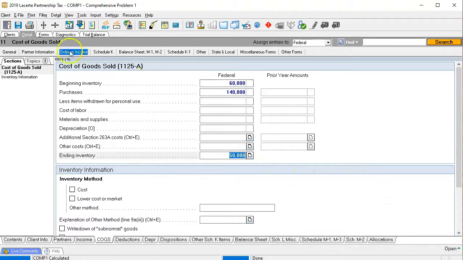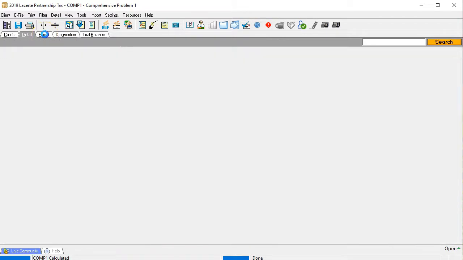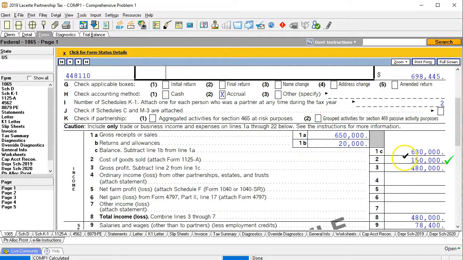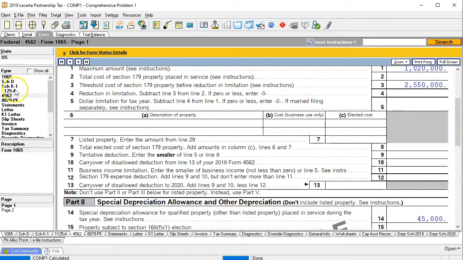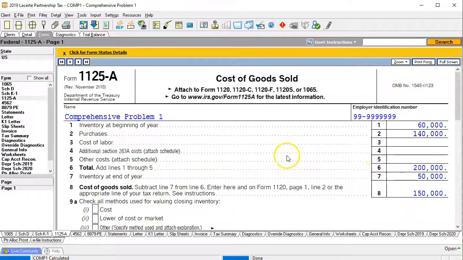Then if we go back over to our forms, our 150,000 remains the same, but now we have the detail calculated on the 1125. The beginning balance plus purchases gives us the cost of goods available, the 140 plus the 60, minus the ending inventory gives us that 150,000.